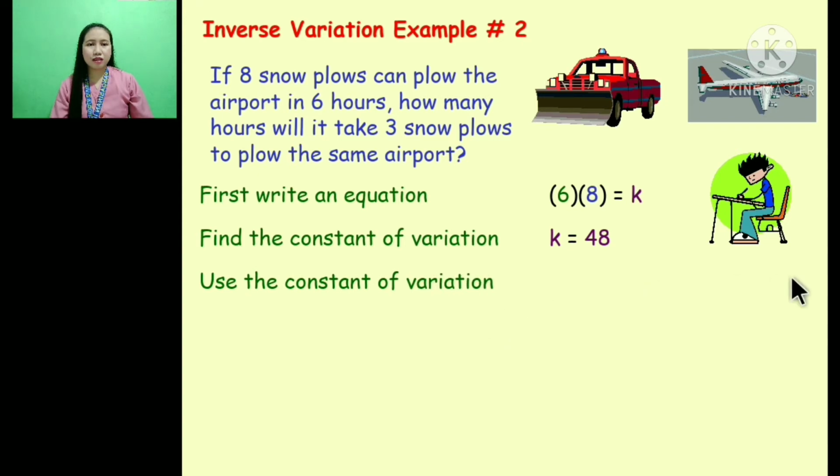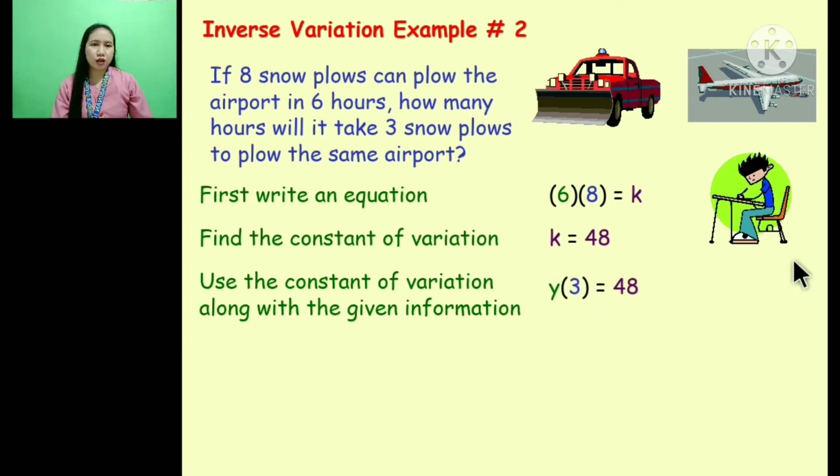Now use the constant of variation along with the given information. Now we're going to find the value of y. In the second statement of the problem, how many hours will it take 3 snowplows to plow the same airport, we have the value of y, which is unknown, and we're going to find it.